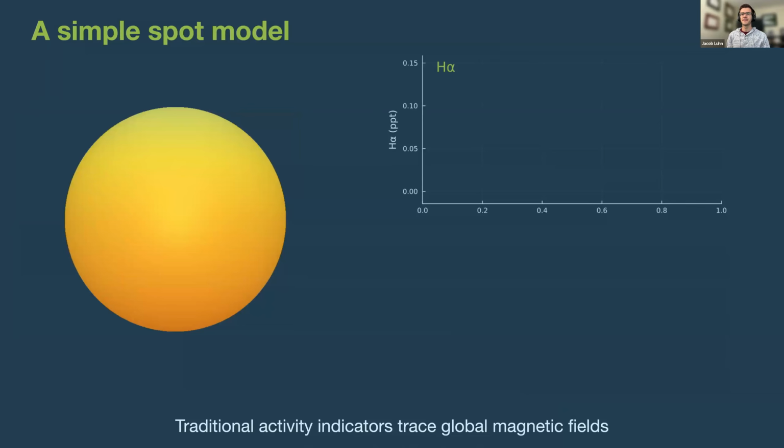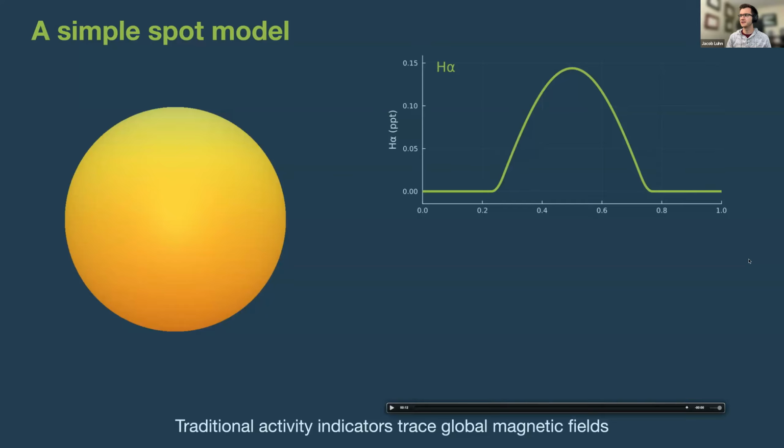So at the very basic level, our activity indicators are measuring the global magnetic field strength for these stars. And so as a spot rotates in and out of view, the activity indicator, in this case H alpha, shows a characteristic increase.